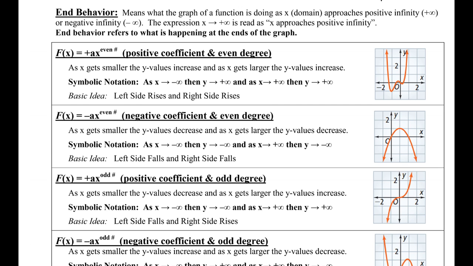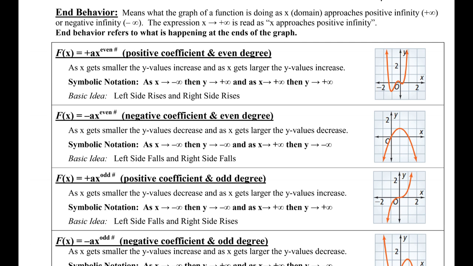If the term with the highest degree has a positive coefficient and an even degree, as x gets smaller, the y values increase, and as x gets larger, the y value increases. So both ends are going up. So the basic idea here would be the left side rises and the right side rises.